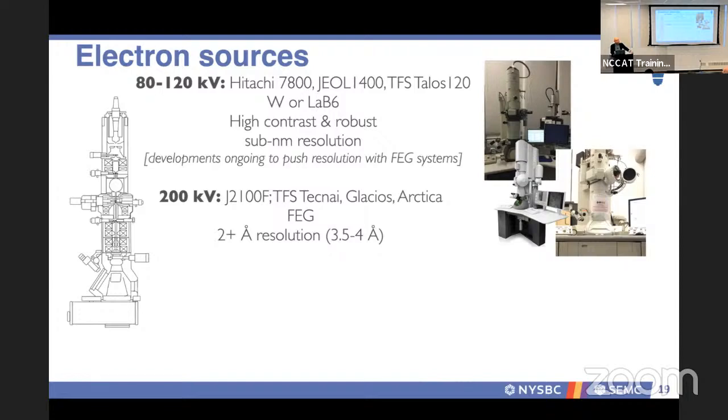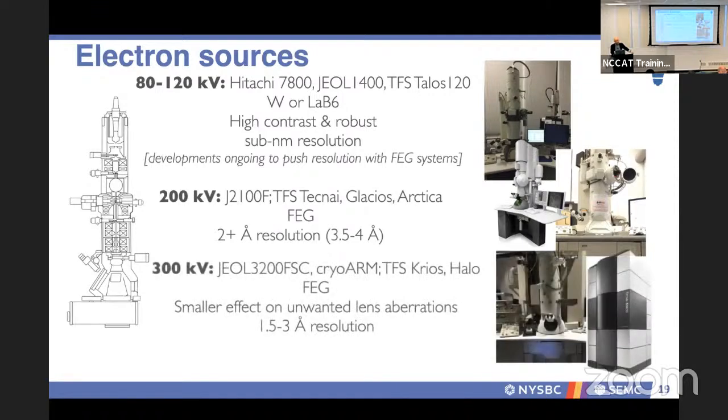So normally when you're in a screening microscope, you only care about being sub-nanometer, but once you get to 200 keV, you can get near atomic. And depending on how careful you are and what mode you're running the microscope, you can really use it as a data collection microscope. But for efficiency, a lot of the 200 keV instruments right now are primarily used for advanced screening, so as it were.